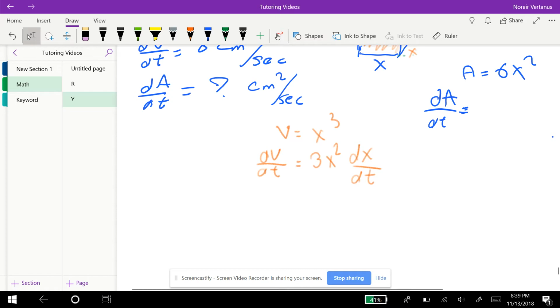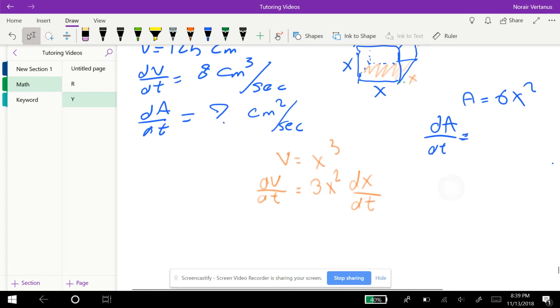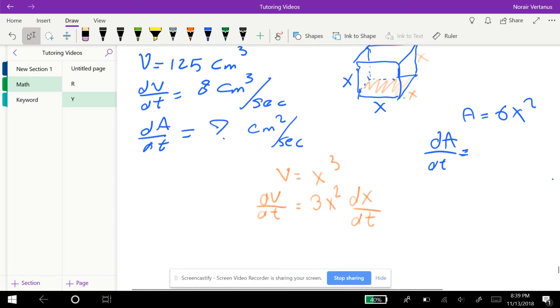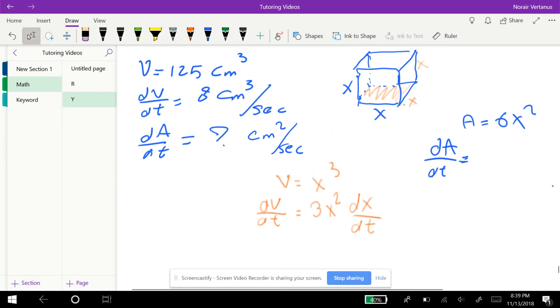And then from here, we have dV/dt already. Right, we have the volume. So here, the unknowns are dx/dt, and this one is also unknown, right?